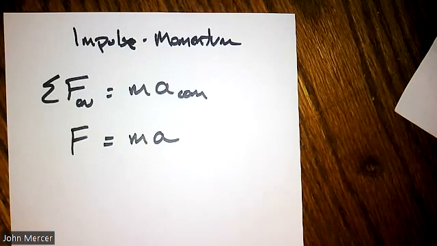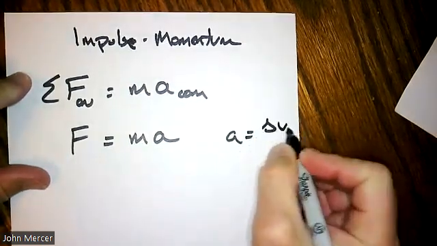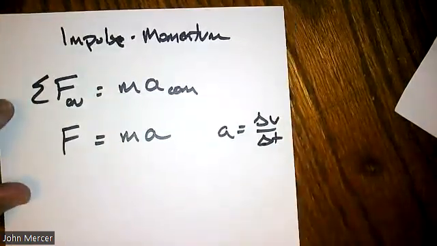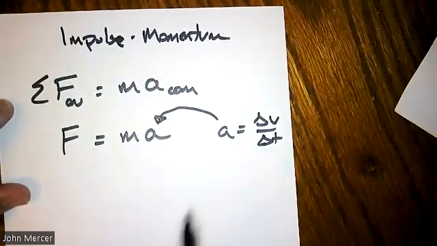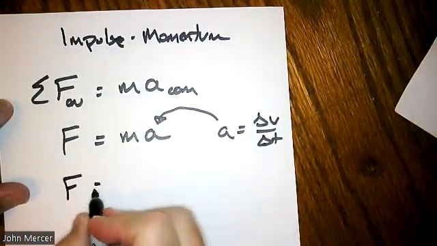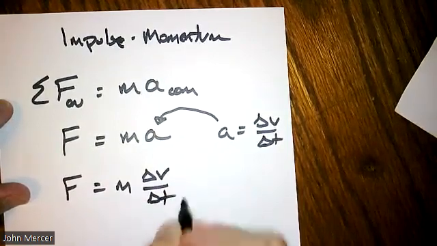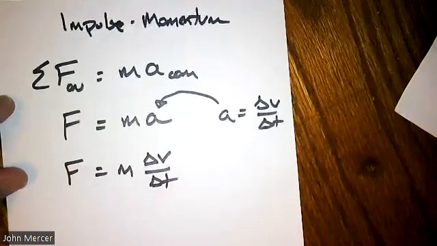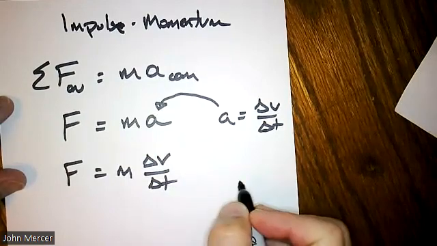Now, we know that acceleration is the rate of change of velocity, delta v over delta t. It's how fast velocity is changing. What I'm going to do is substitute that into this equation here. So I get F equals m delta v over delta t. That's acceleration. Now I'm going to do a little bit of algebra and multiply both sides of this equation times delta t.